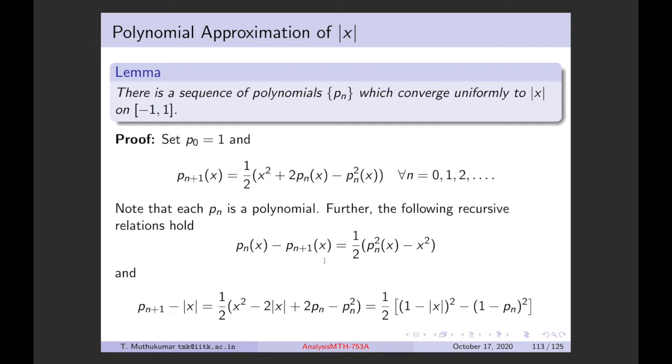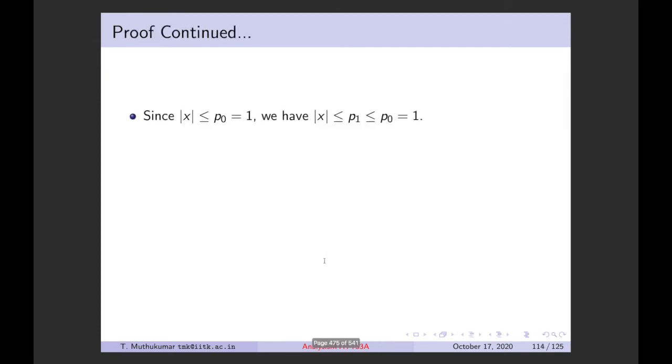From the earlier property that we gave, we get this property, and we get this property. So we have mod x less than or equal to p1 less than or equal to p0. We did this for p0 and now obtained it for p1. By induction you can obtain it for all n: mod x is less than or equal to p_{n+1} less than or equal to p_n for all n.